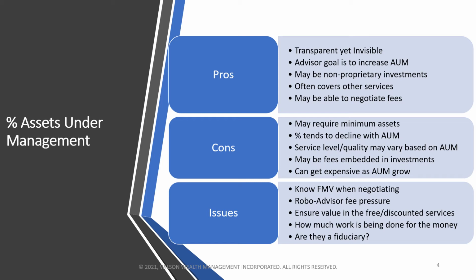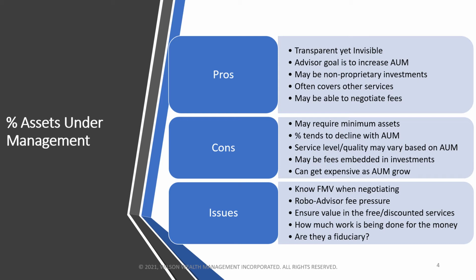And at times you might still see fees embedded in investments. So you're paying a wrap for the actual external fees, but depending on the product, there's still going to be management expense ratios built into a lot of funds.